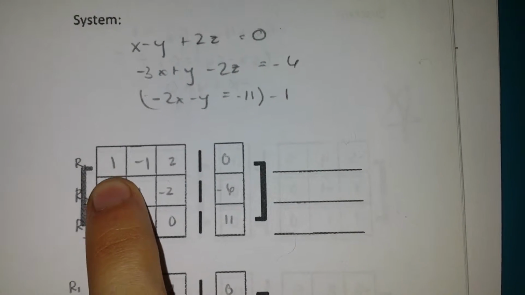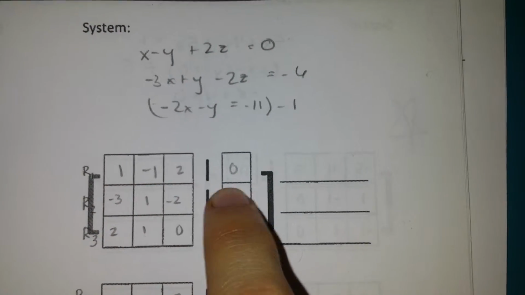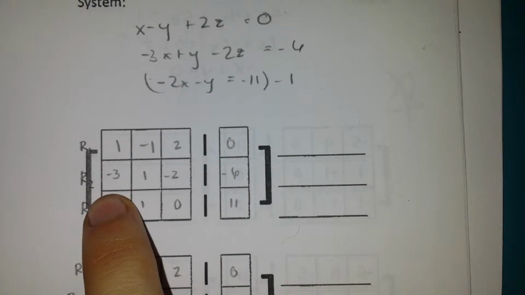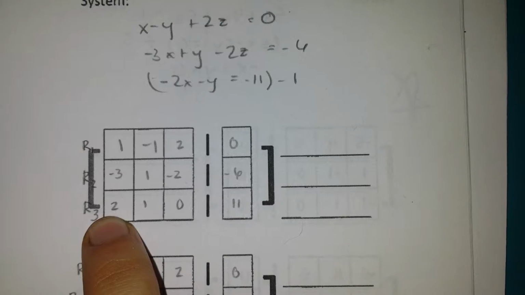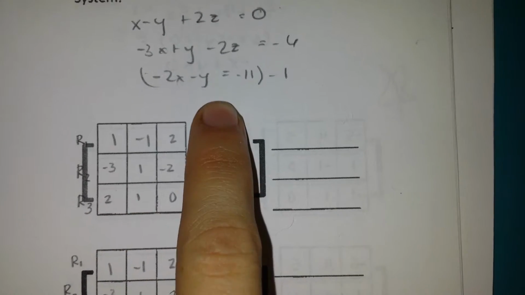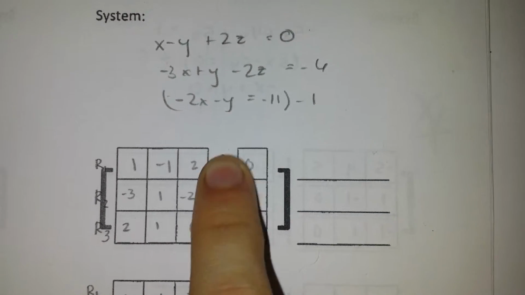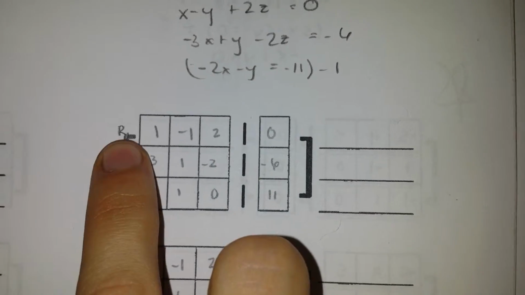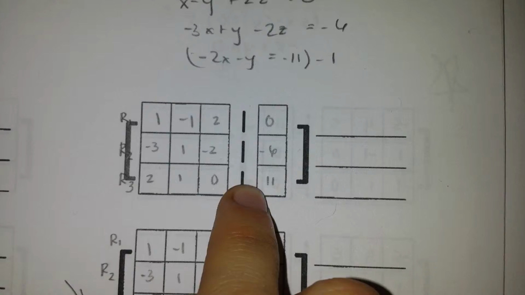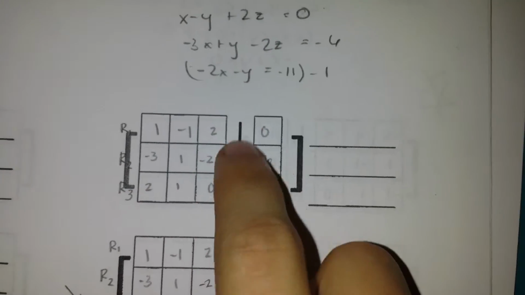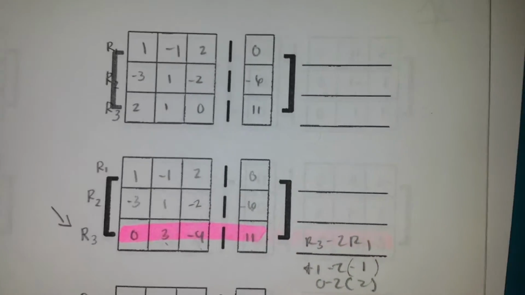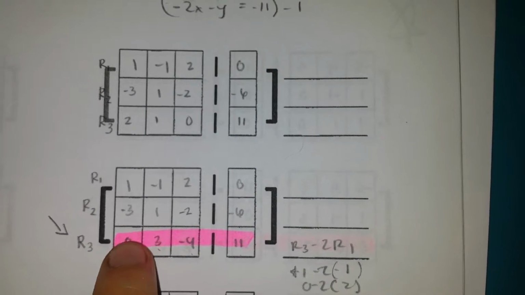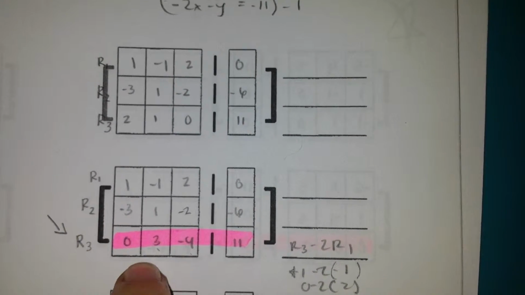So I put 1, negative 1, 2, 0, negative 3, 1, negative 2, negative 6, and positive 2, 1, 0, remember, because there isn't a z right there, and 11. And keep in mind throughout the problem that this is row 1, row 2, row 3, x, y, z, and your answers.